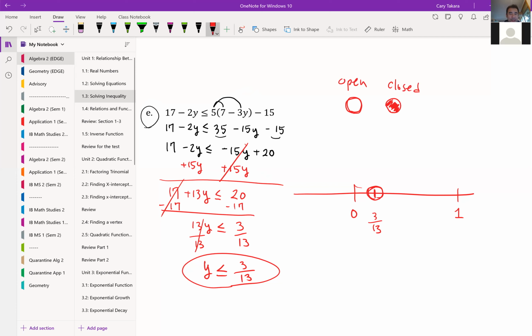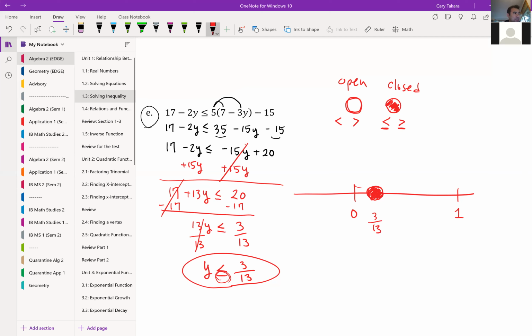It will be a closed circle. Why? Because there is the equal sign right there. Closed will be the equal sign. Open will be just less than or greater than.